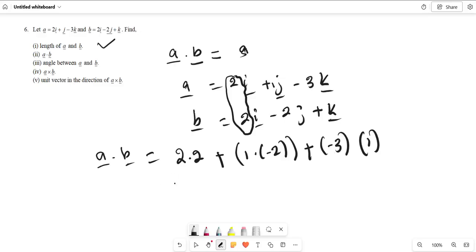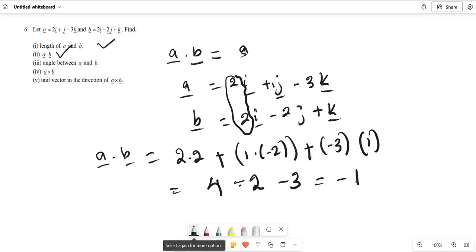So you are getting the answer as 4 plus minus 2, and minus 3. So 4 minus 5, it is minus 1. Okay, A dot B value is minus 1. 2 minus 3 is minus 1. So we got that value.